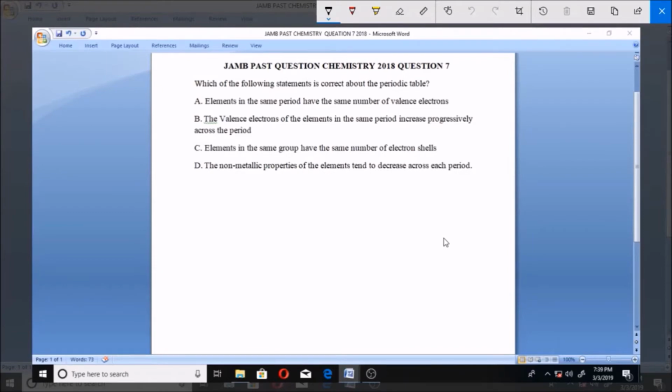Now, for us to understand this question very well, we need to know what the periodic table is and how it is arranged.